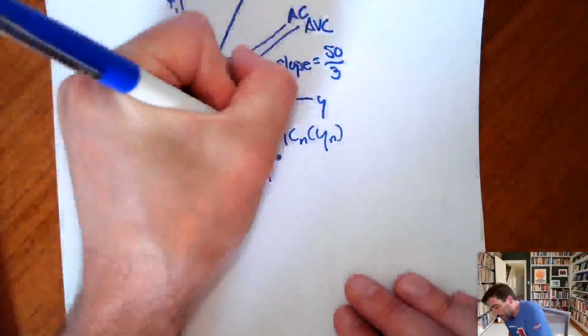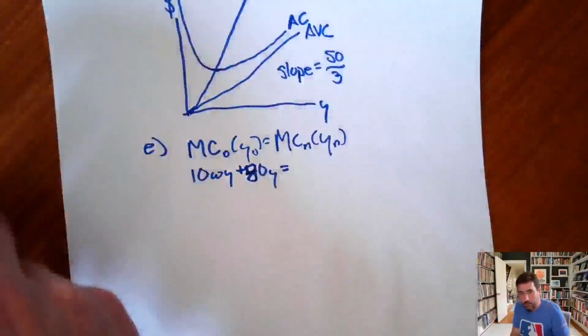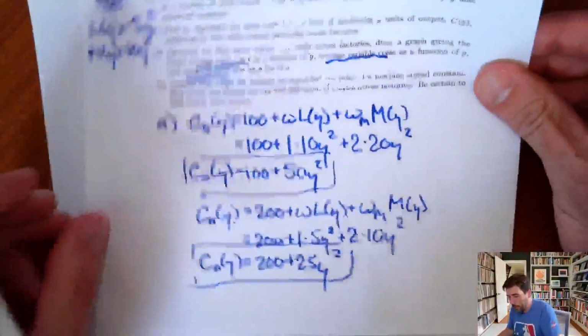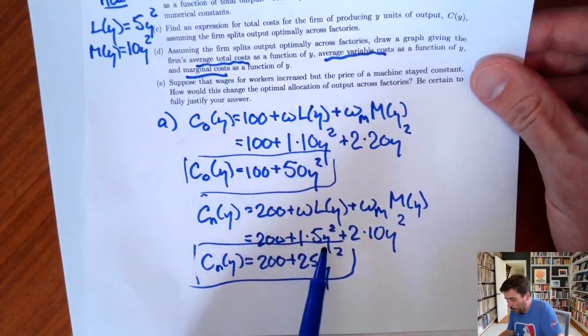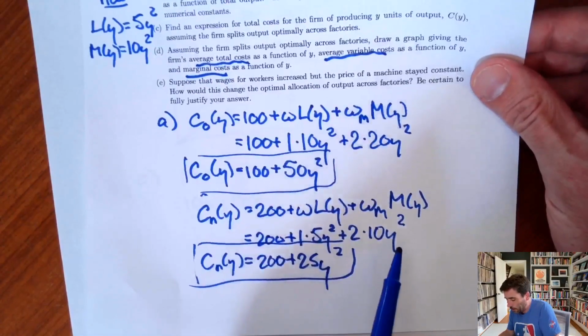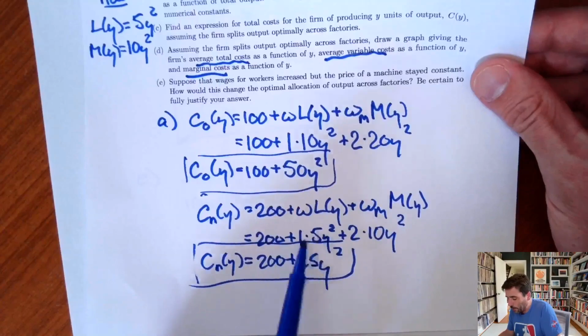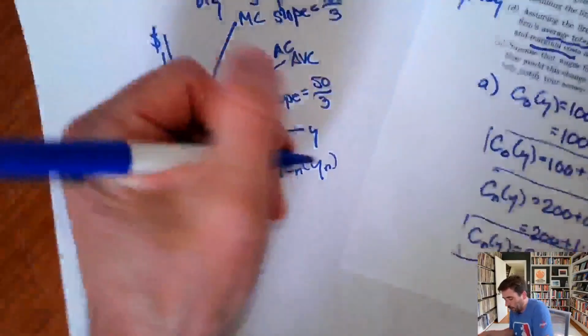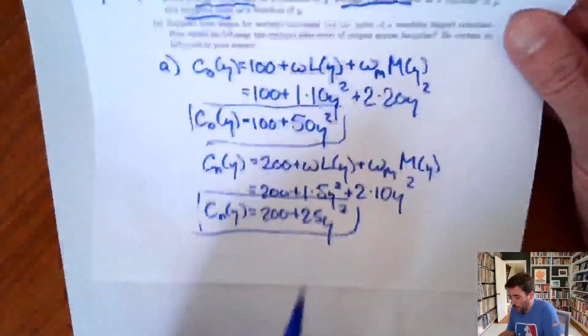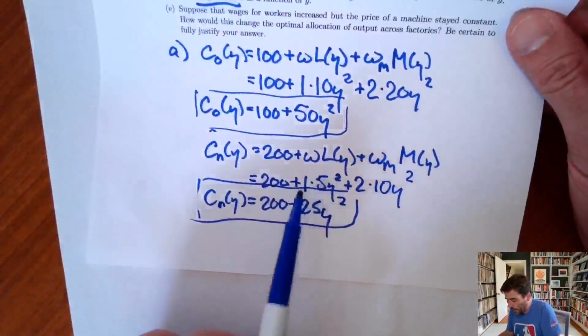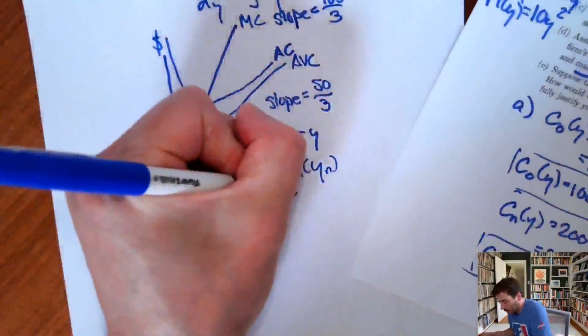Okay. On the new factory side, if I go back to that equation, that would have been 200 plus w times 5y squared plus 20y squared, right? So I'm going to have 10wy when I take the derivative.